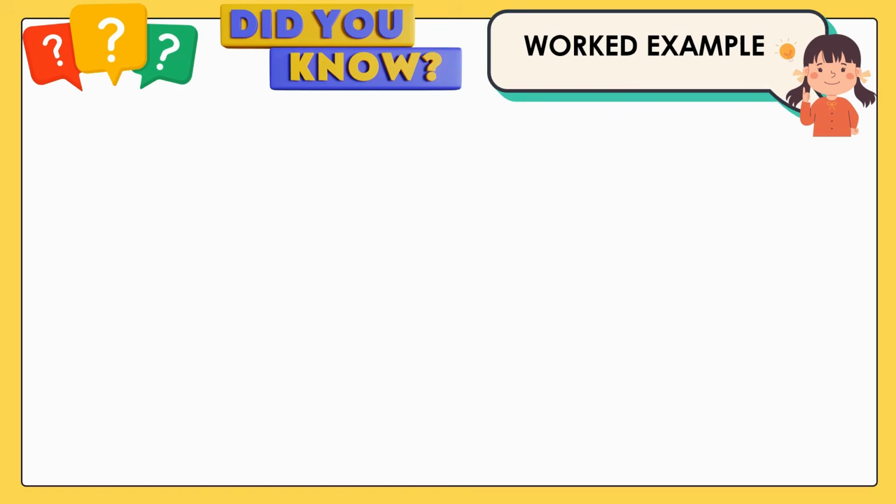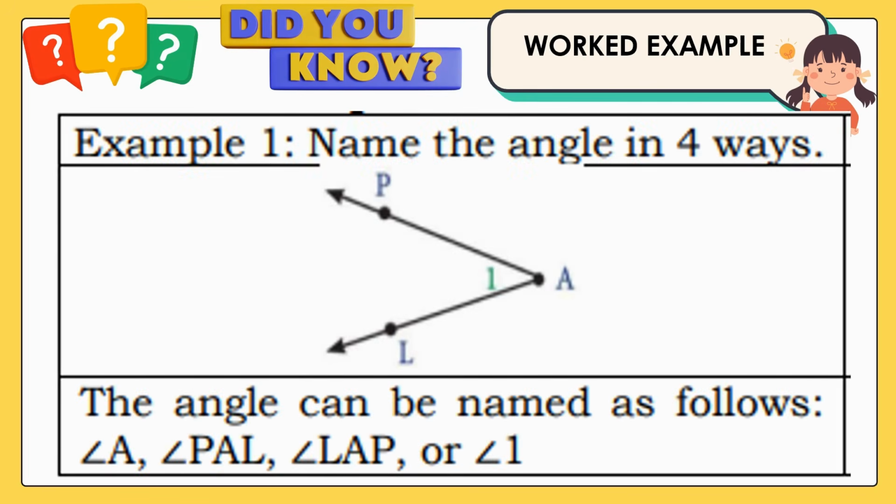Let's have the worked example. Example number 1. Name the angle in 4 ways. The angle can be named as follows: angle A, angle PAL, angle LAP, or angle 1.